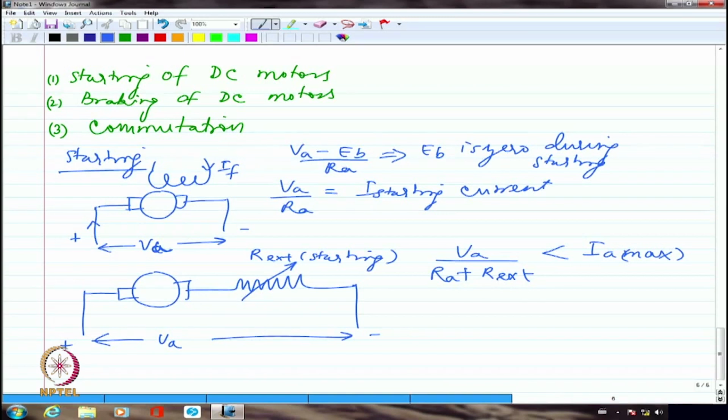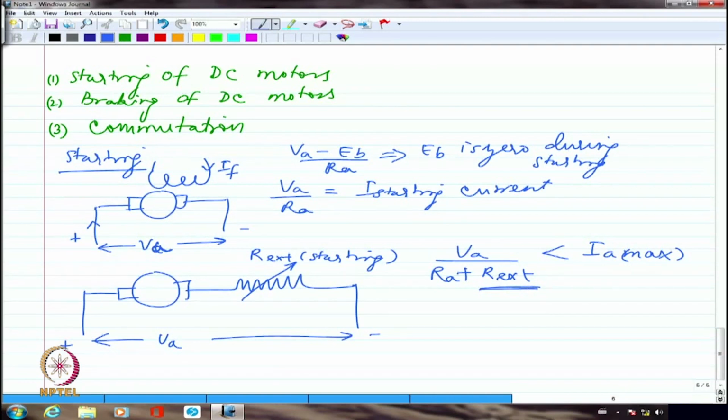The conductors, the I square R losses in the conductor for a short while, the machine should be in a position to withstand these. Only if that is actually set, then I will be able to say what is the value of IA max my machine can withstand. Then correspondingly, I will decide what is the value of R external that I need to include. So this R external value will essentially depend upon what is the limit that can be withstood by my DC motor.